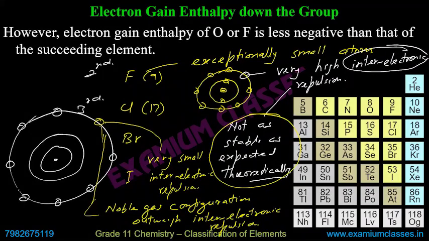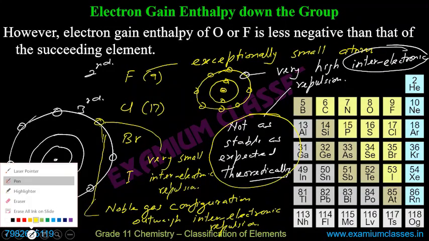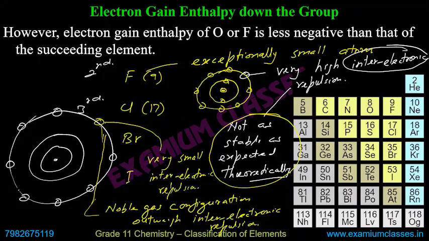So chlorine is actually the element which has the higher electron gain enthalpy.